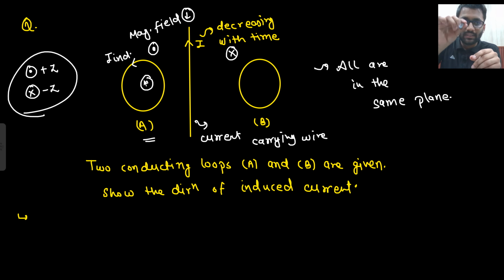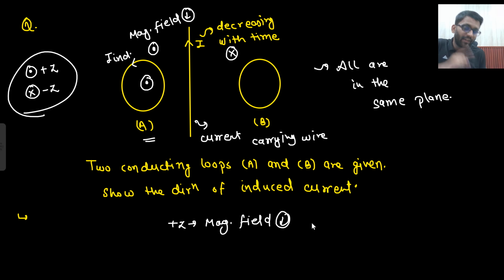If in the plus Z direction my magnetic field decreases, then the induced current should be flowing in a manner that in plus Z direction, your magnetic field should increase.